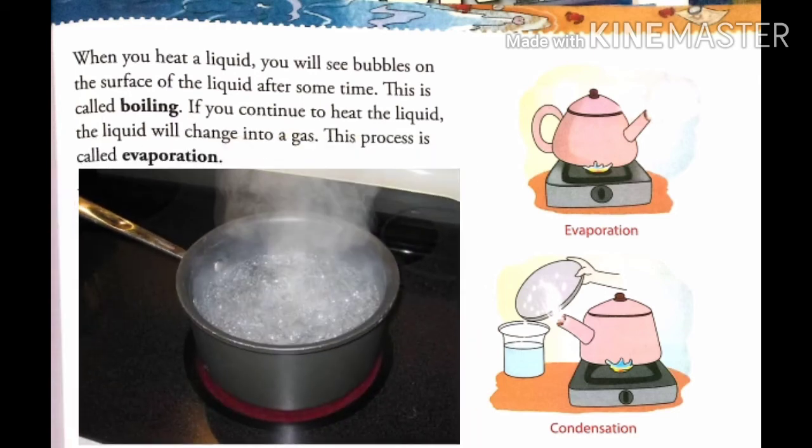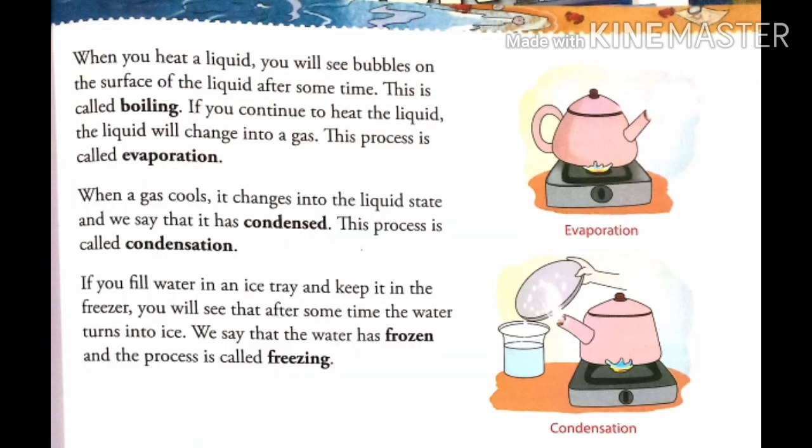For example, you must have seen boiling water, but when it continues to boil for a longer duration, you can see the steam or vapor coming out from it, and it shows that the liquid has changed into gaseous form. And this process of changing a substance from liquid form to gaseous form is known as evaporation.